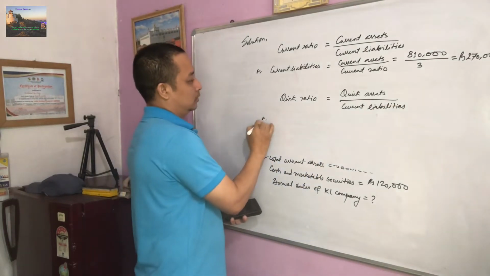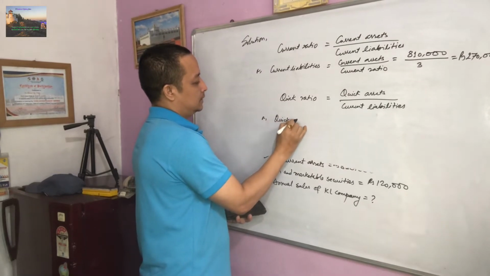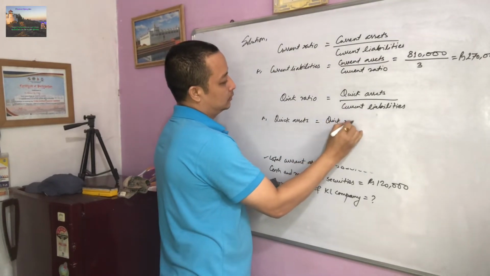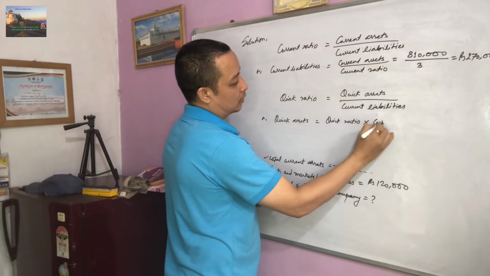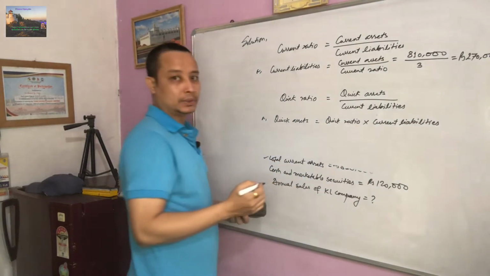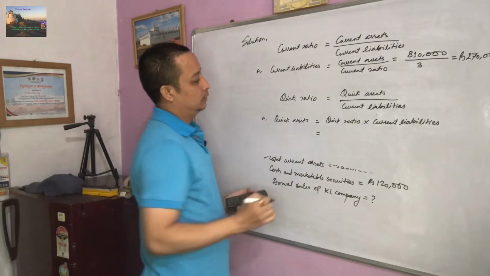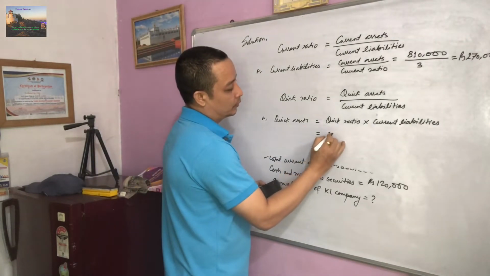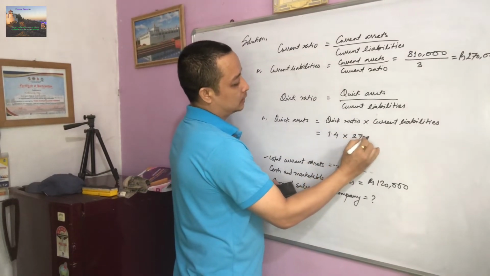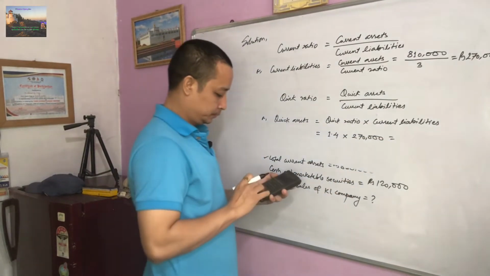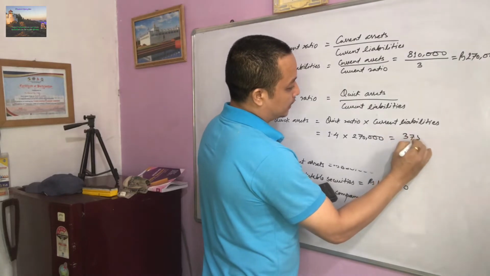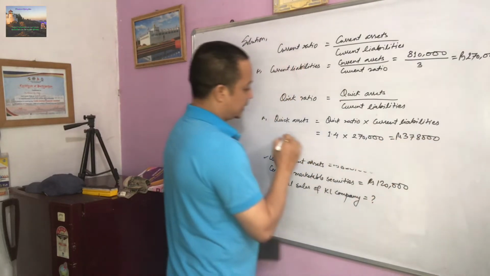So, quick assets equal to quick ratio into current liabilities. So now if you see here, in quick ratio, it's given 1.4, and current liabilities you have already calculated here, 2,70,000. If you multiply with 1.4, you will get 3,78,000 as your quick asset.